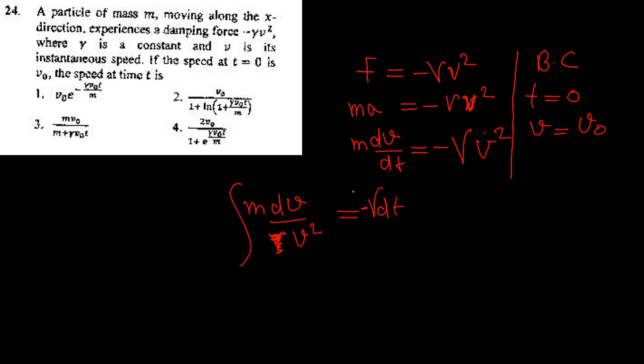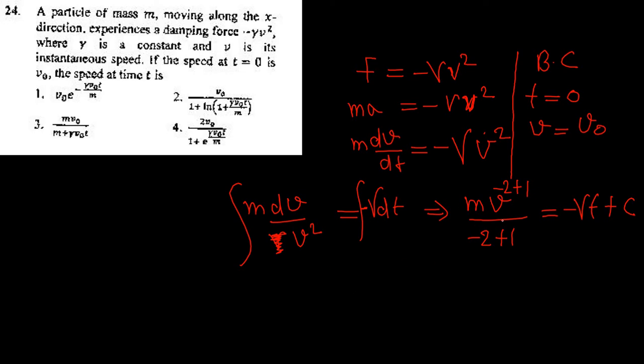Now integrate both sides. What you will get is m times v to the power n plus 1, where n is minus 2, so minus 2 plus 1 upon minus 2 plus 1, will be equal to minus gamma t plus a constant c. So you get minus m upon v.